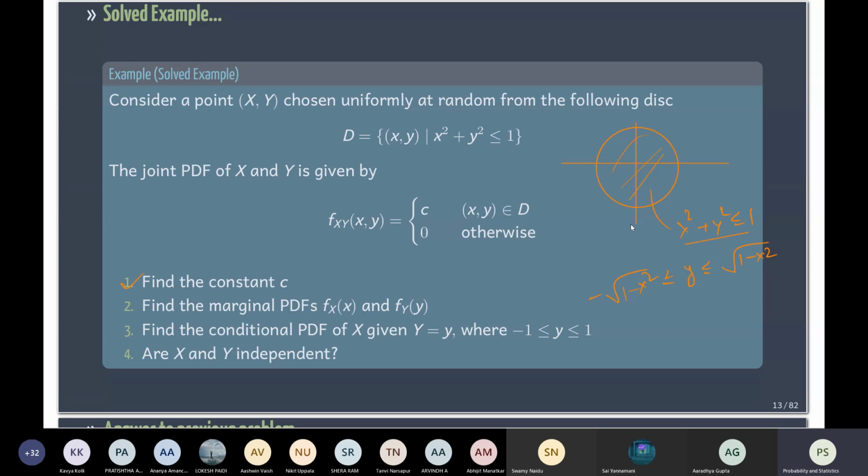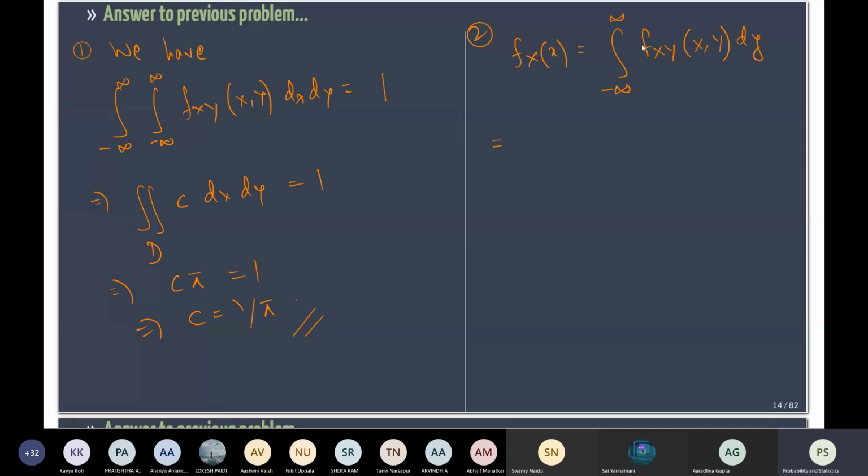So this is the range of y we are given, and that's something you have to substitute here, with 1 over pi here, and then this is dy. If we integrate this out, because this is a constant, this minus this will be 2 square root of 1 minus x square by pi.